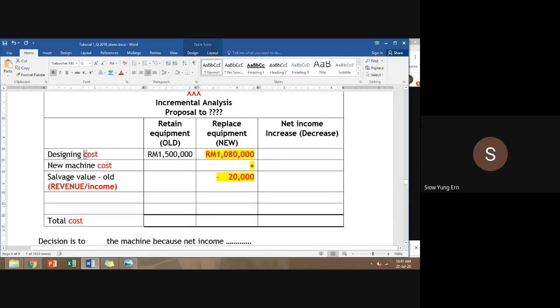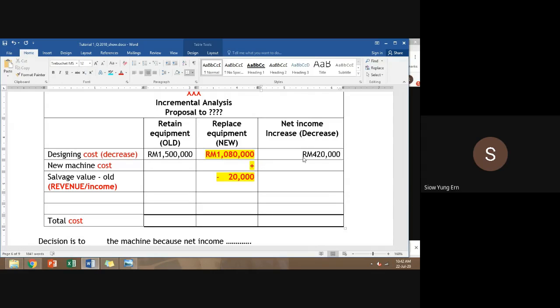So cost decreases, and net income goes in the opposite direction. Cost is opposite direction. So this one is 1.5 million decrease to 1.08, so cost decrease, so net income increase. Correct. Positive figure.